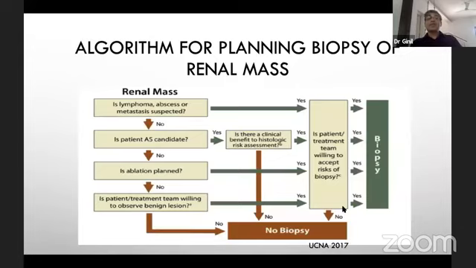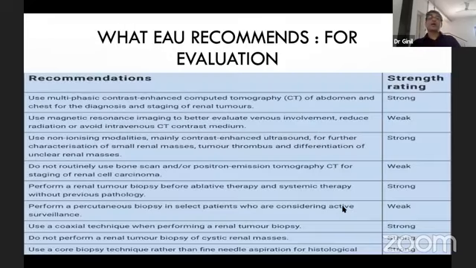If there is a clinical benefit or histological assessment, then we can plan. Otherwise, there is no role for a routine biopsy, and if the patient and treatment team are willing to accept the risk of biopsy, we can go ahead. There is no routine biopsy in RCC. So these are the areas where you can have diagnostic dilemmas.